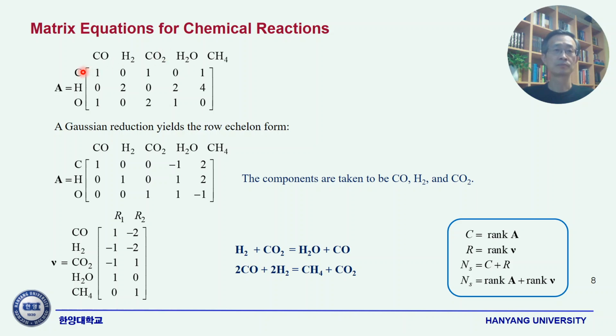So your rows will be done in this way: carbon, hydrogen, oxygen. Carbon monoxide 101, hydrogen 020, carbon dioxide 102, water 021, methane 140. And then these columns will make this A matrix. So this is the conservation matrix.